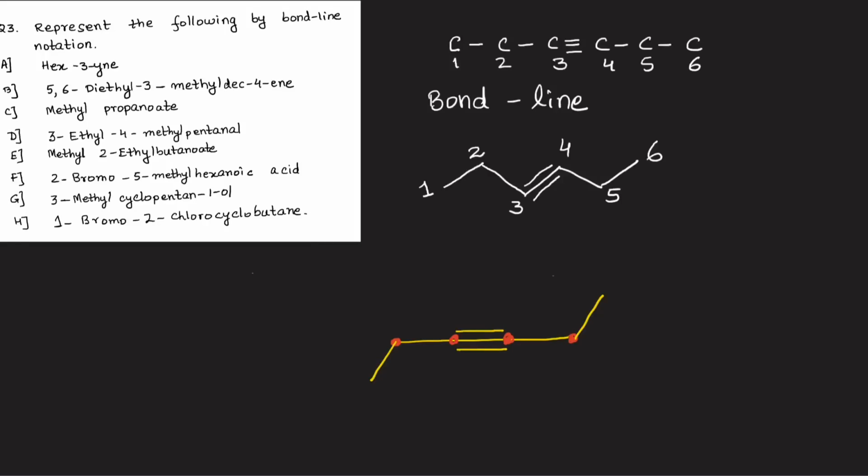And what about the ends? So each of your vertices here is representing a carbon atom, as well as at the end, if there are no double or triple bonds, these ends indicate the presence of a methyl group, which we do not show in the bond line notation method.